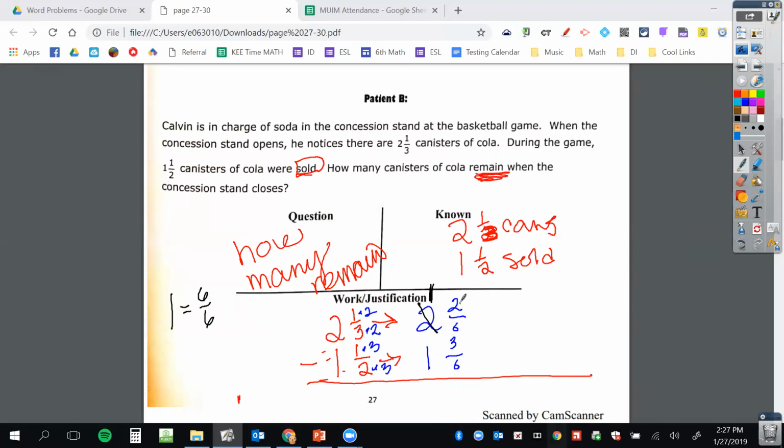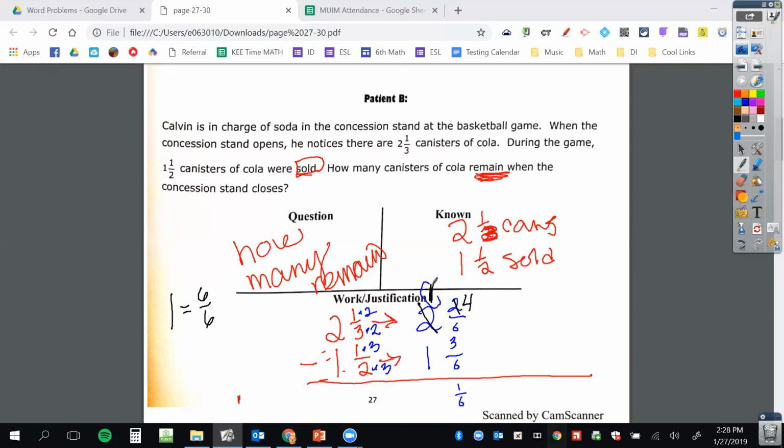Well, I already have 2/6, so 6/6 plus 2/6 make 8/6. So at this point, now I can subtract 8/6, take away 3/6, leaves me with 5/6 left.